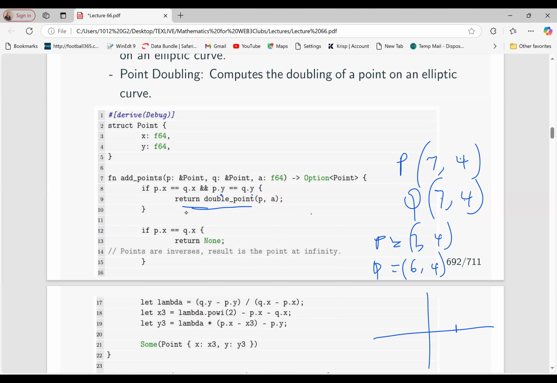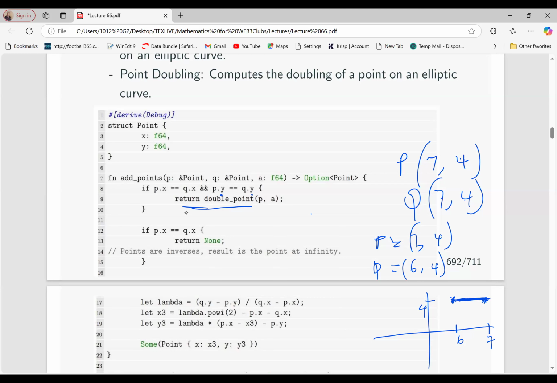Let me say this is 6, and this is 7, and this is 4. 7, 4 is here, and 6, 4. These ones lie on the same horizontal line, so we can get the sum of this.